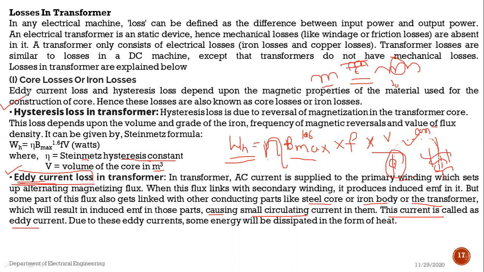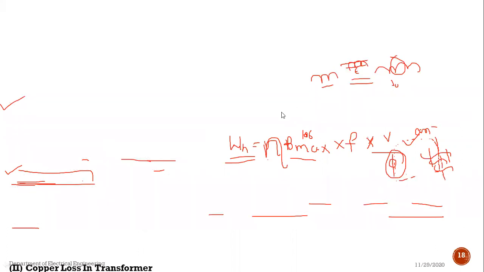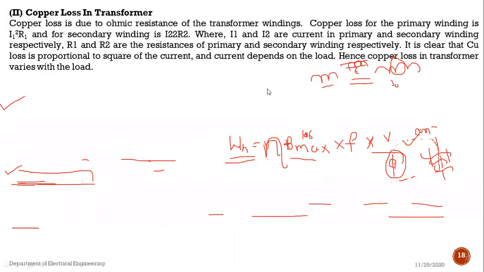Now the variable losses. See, the variable losses are nothing but copper losses. The copper loss in the transformer is due to the ohmic resistance of the transformer winding.